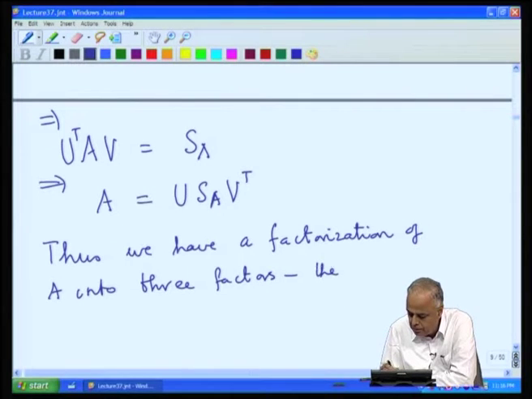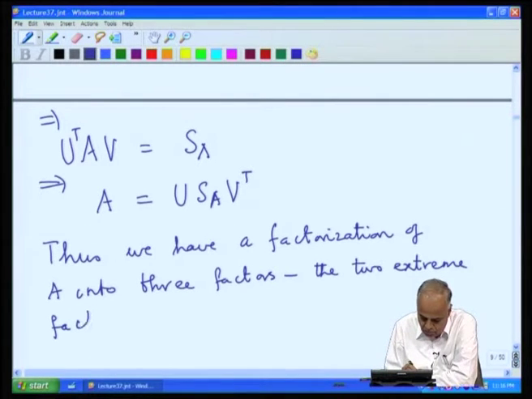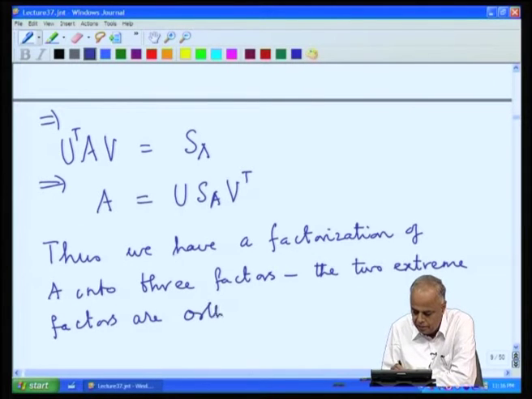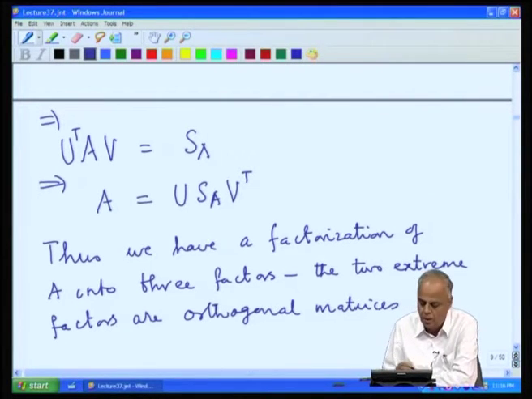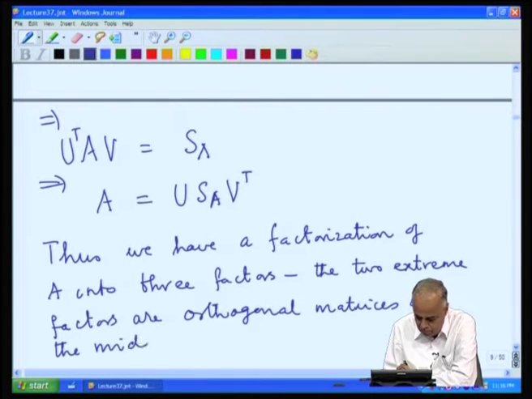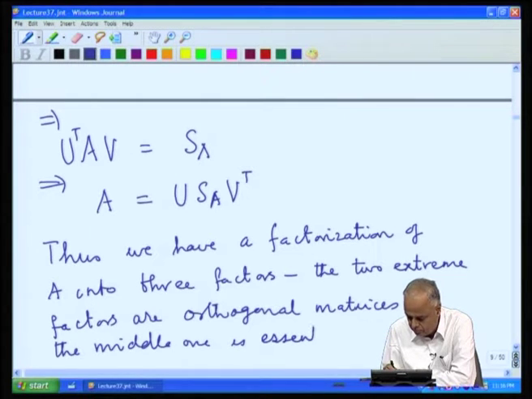The 2 extreme factors are orthogonal matrices and the middle one is essentially a diagonal matrix.